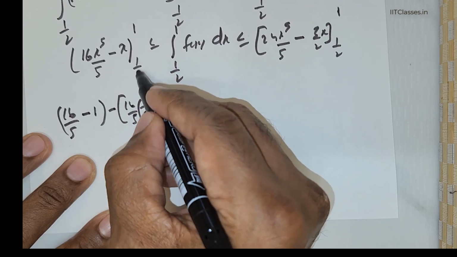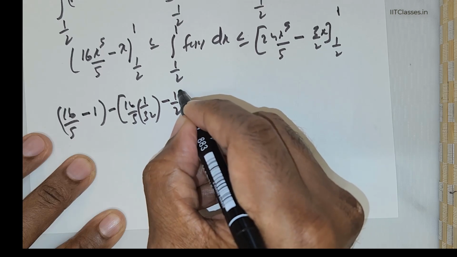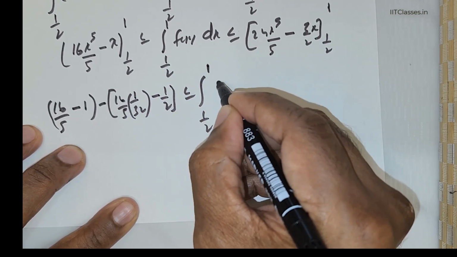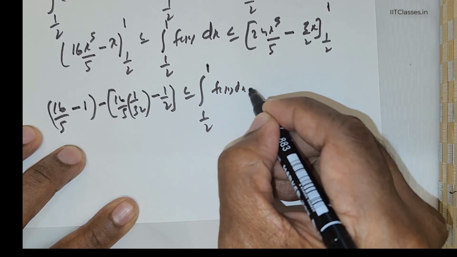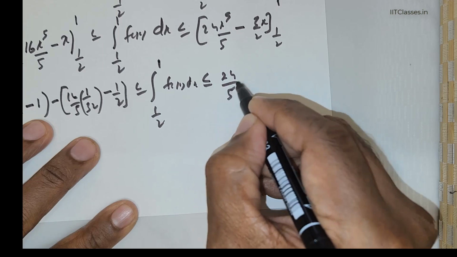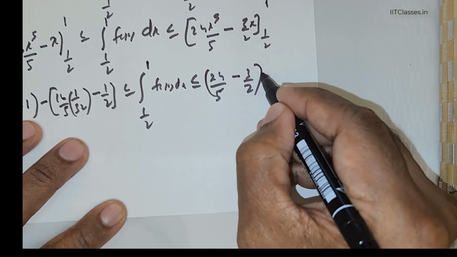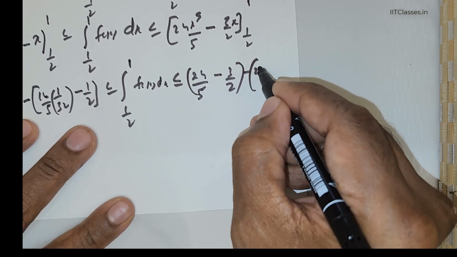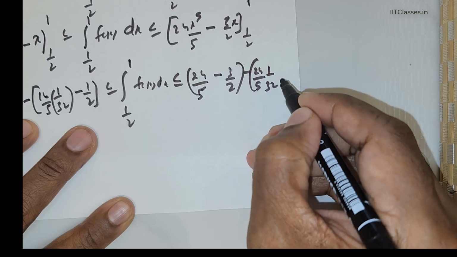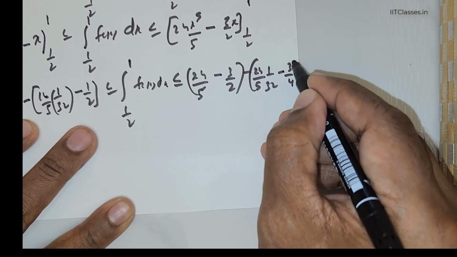I meant when I substitute 1/2, I would be getting 1/32 followed by negative 1/2, less than or equal to integral from 1/2 to 1 of f(x) dx, less than or equal to, this is going to be 24/5 times 1, followed by negative 3/2 times 1, minus 24/5. I substitute 1/2, this will become 1/32. I substitute 1/2, it will become 3/4.